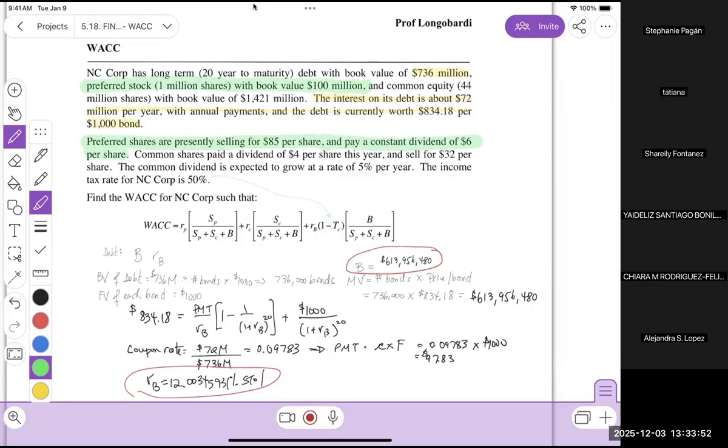Is that it? Okay. So again, we're going to need SP and RP.